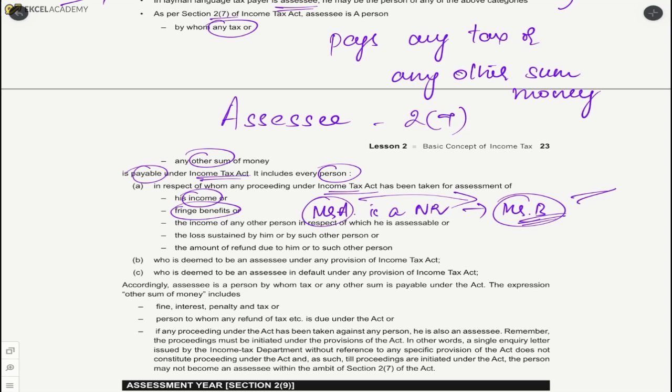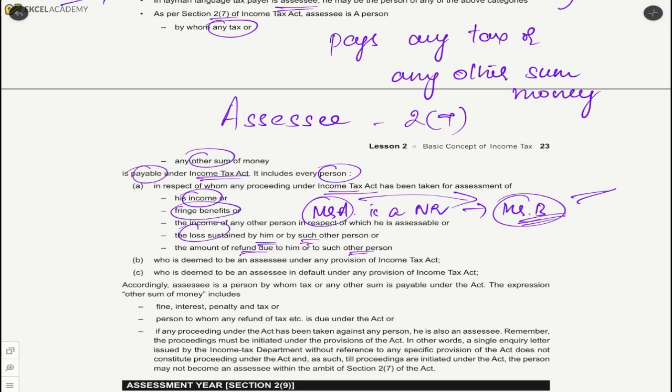And the loss sustained by him or any such person, the amount of refund due or any other person. That means proceedings should be initiated towards the loss sustained by him. If the income tax department has any doubts regarding the loss which he has reported, even then they might initiate proceedings. Then the amount of refund due to him or to any other person.